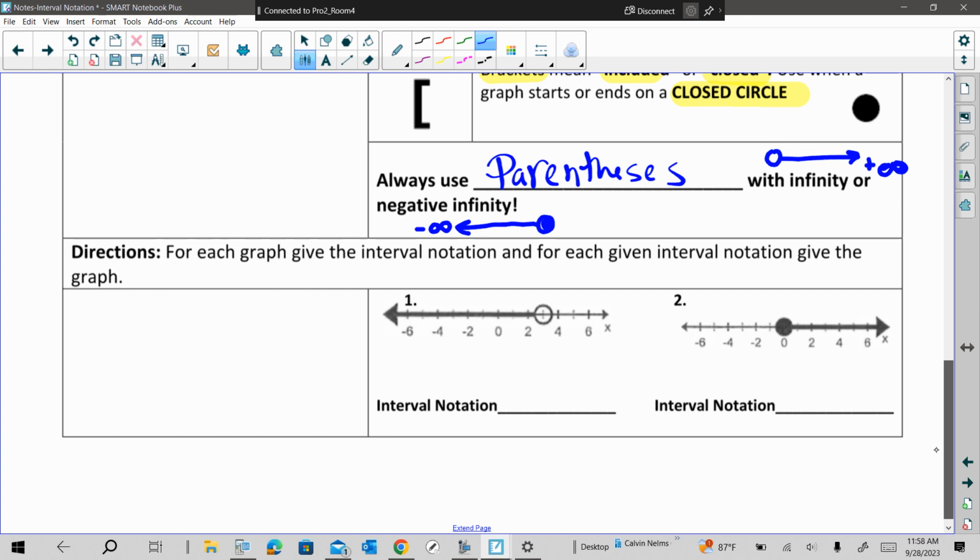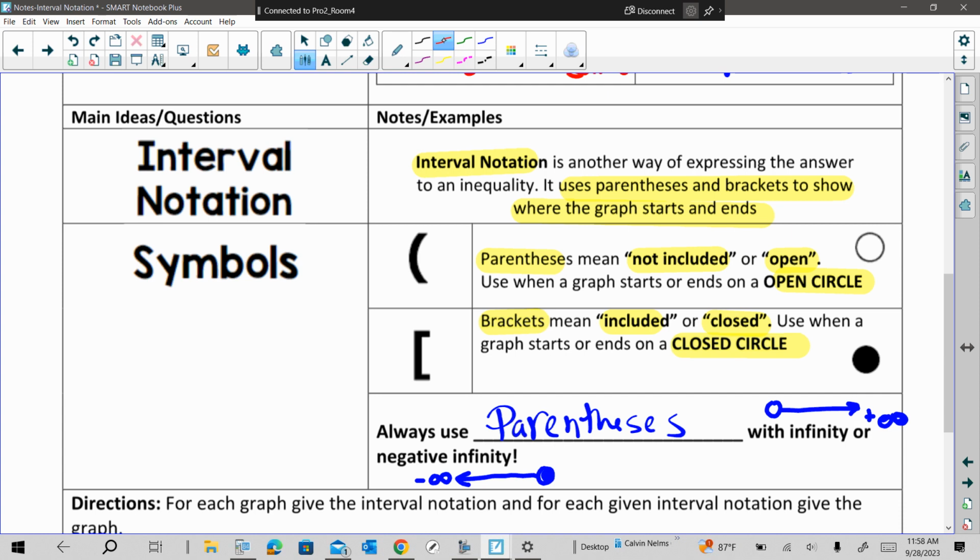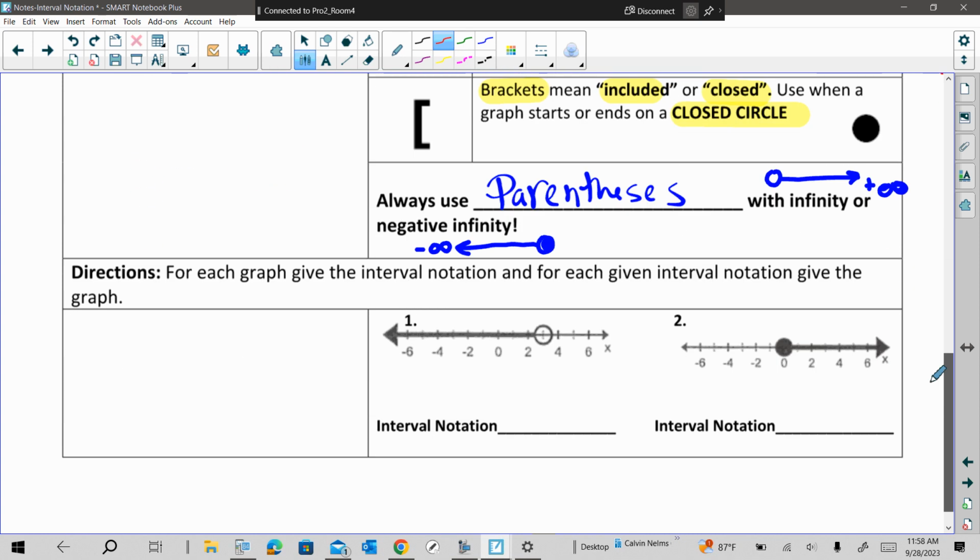Now, start to end, right? So when we're graphing this dark arrow here, even though it's pointing to the left, I read it left to right. I'm reading everything left to right. So it starts here and it ends at this open circle. Because it starts pointing to the left, that is negative infinity.